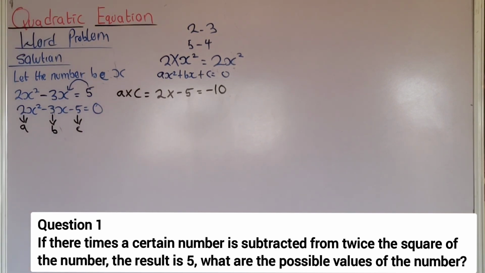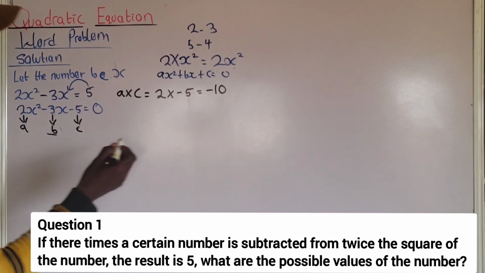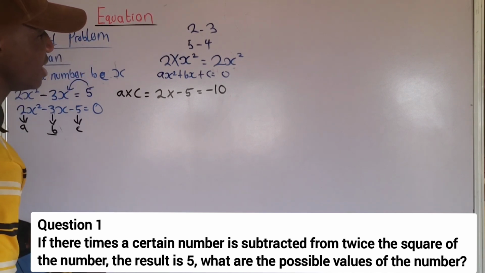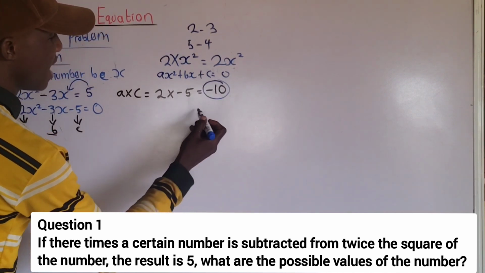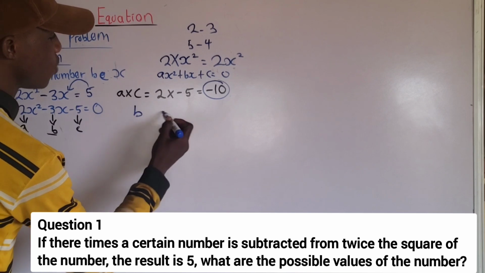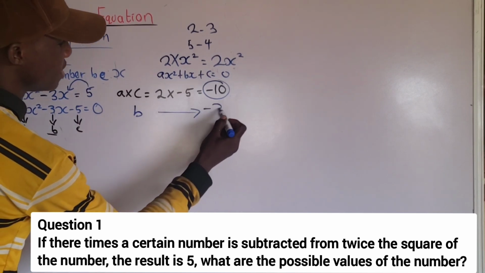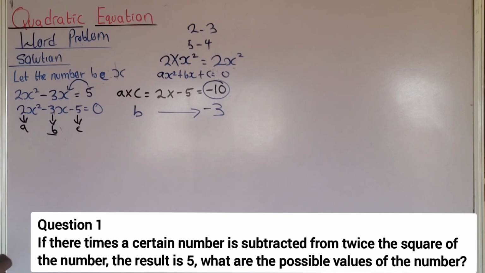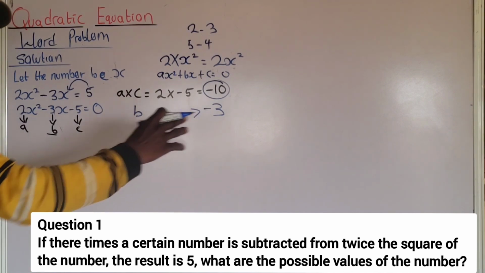Now, the second step is that you have to bring out the second term. The second term in this quadratic equation is b, which is negative 3. The product of a and c is negative 10, and the second term is negative 3.